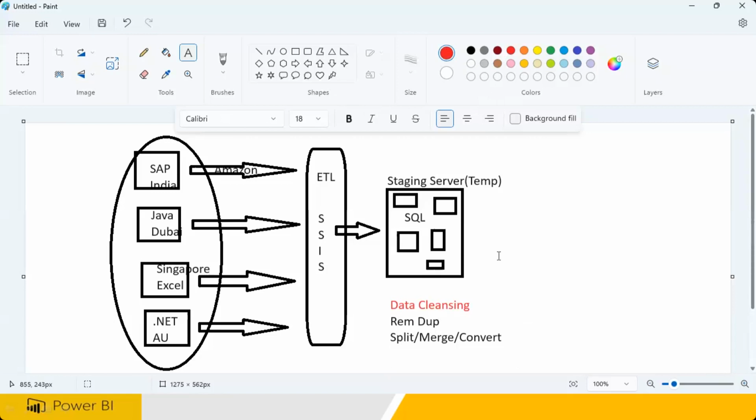Clear? Get the data from different places, dump the data, put it in a single machine, and further clean it. I'll give you a simple example. You go to the supermarket to buy some vegetables. You go to shop number one, buy some vegetables. Where will you keep the vegetables? At the time of selecting, you are getting only very clean vegetables.